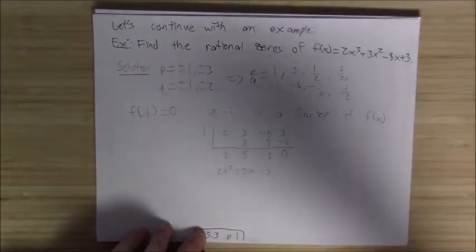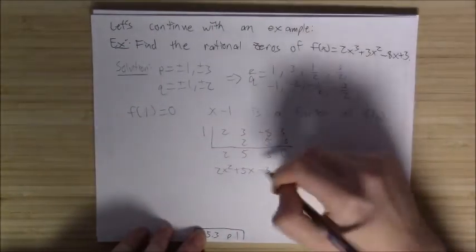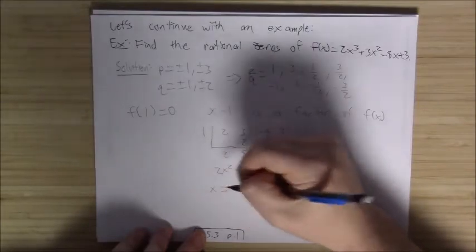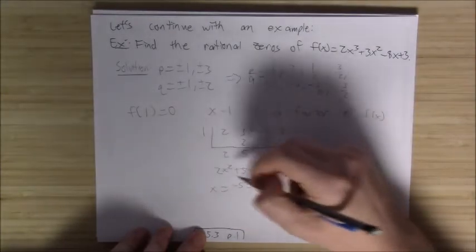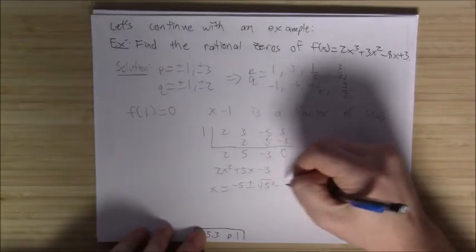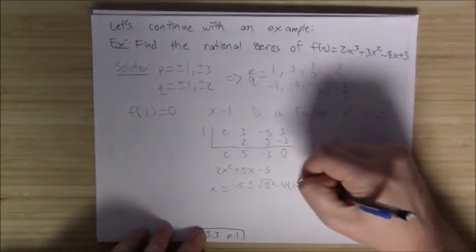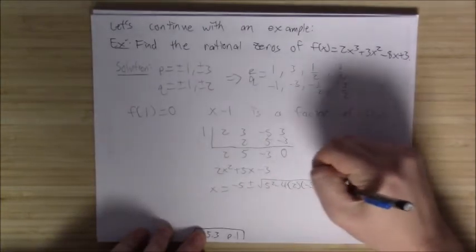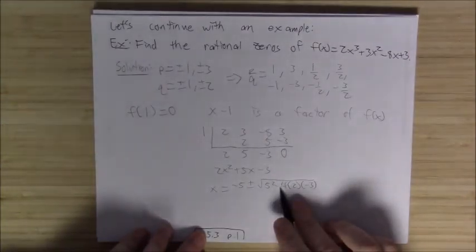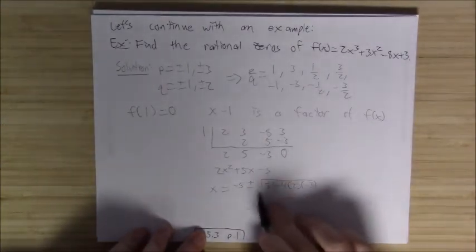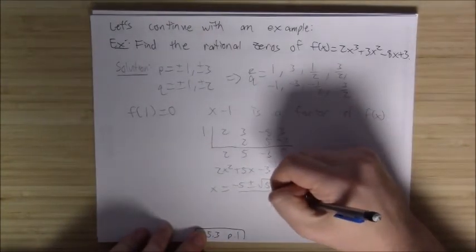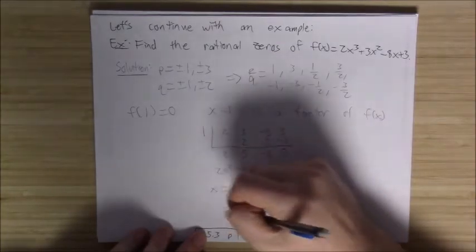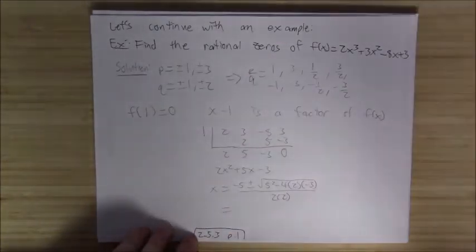The zeros of that, we can find using the quadratic formula. x equals negative 5 plus or minus the square root of 5 squared minus 4 times 2 times negative 3, all over 2 times 2. Looking here, the negative will become a positive, so this is not going to be a complex zero.